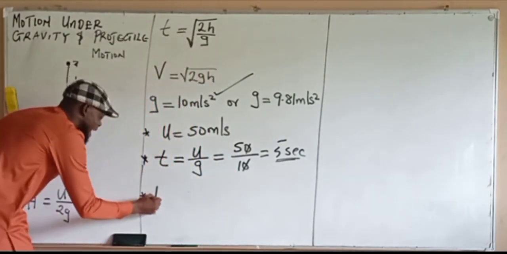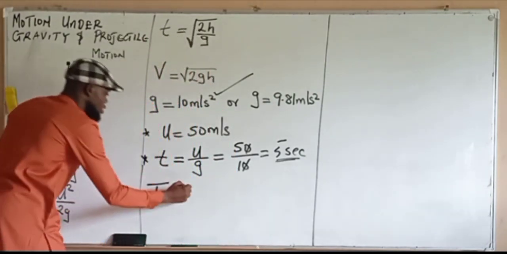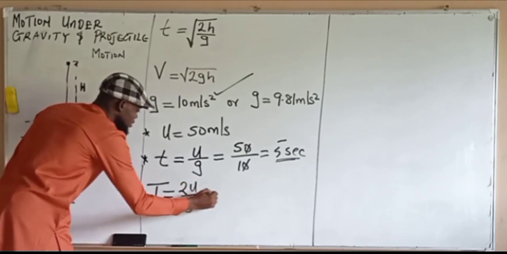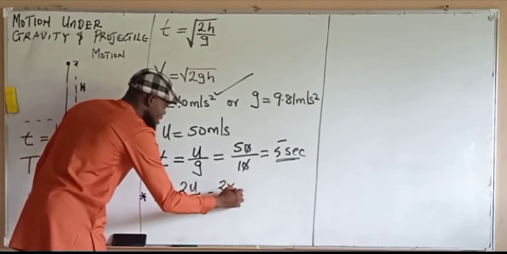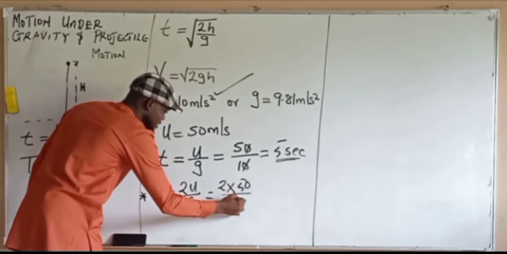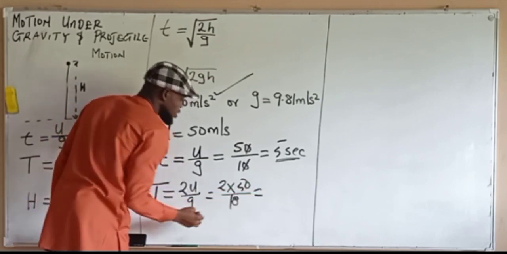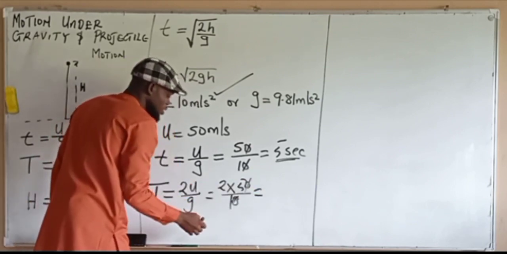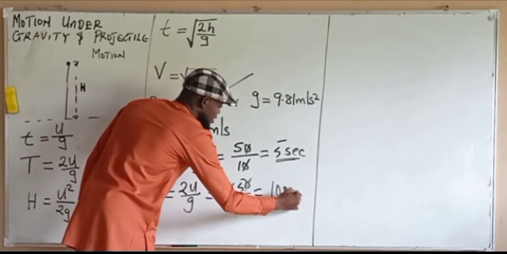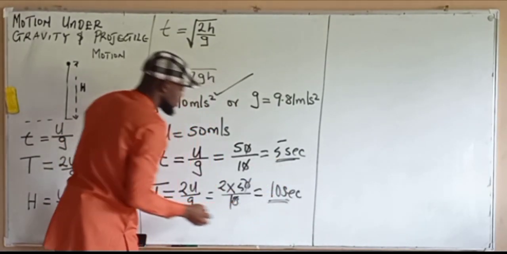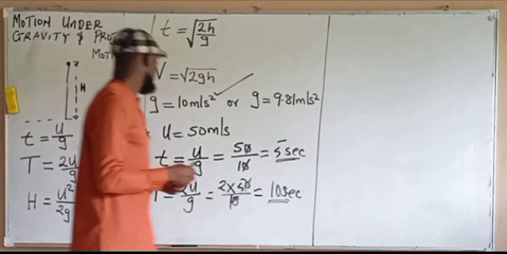The time of flight will be 2u over g, that is 2 times 50 over 10. That is equal to 10 seconds, which is 2 times the time to reach the maximum height.